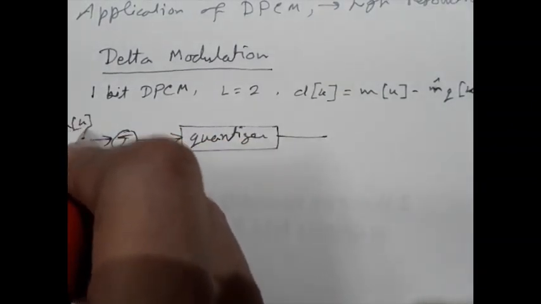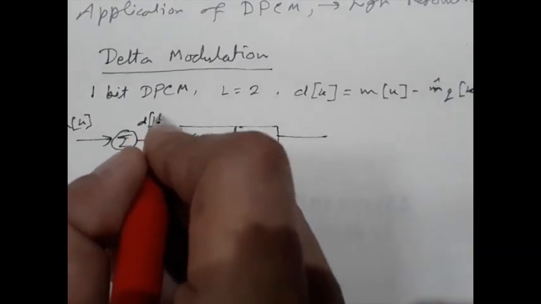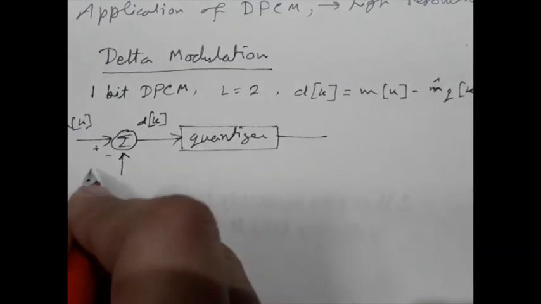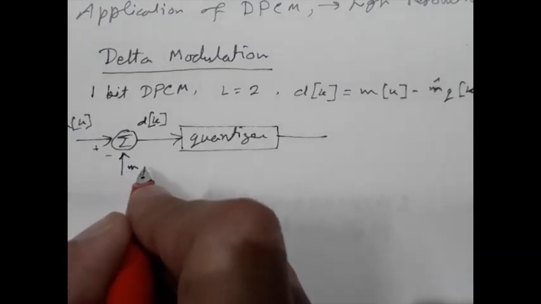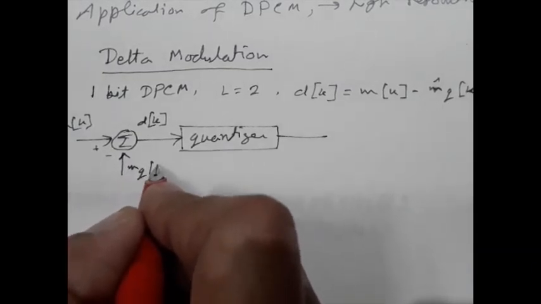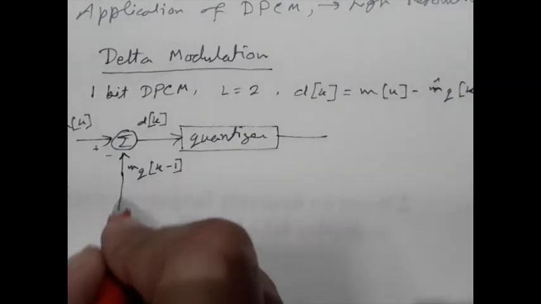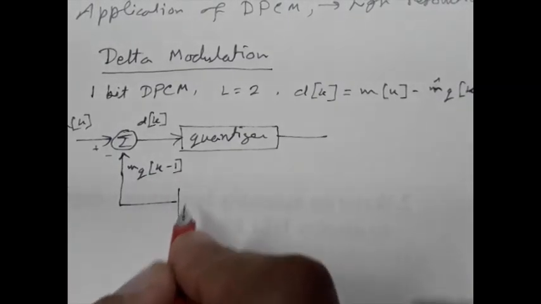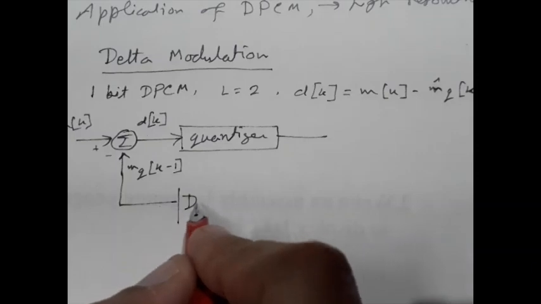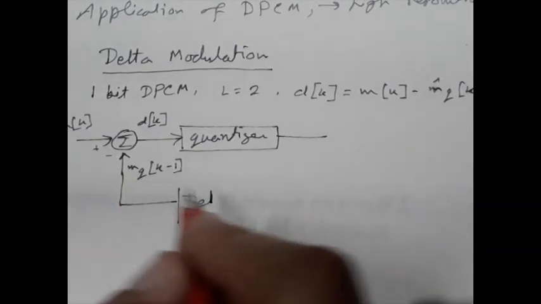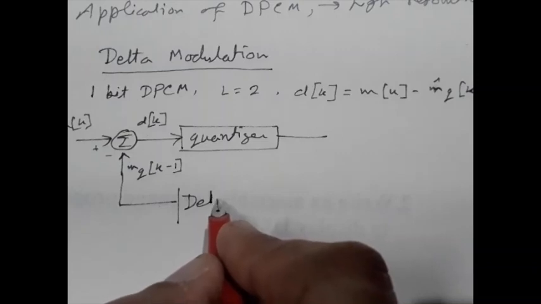This is message, this is the difference, this difference is nothing but the estimated value is nothing but the previous signal. Here we have the delay.